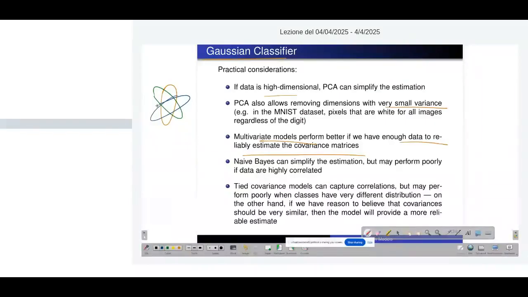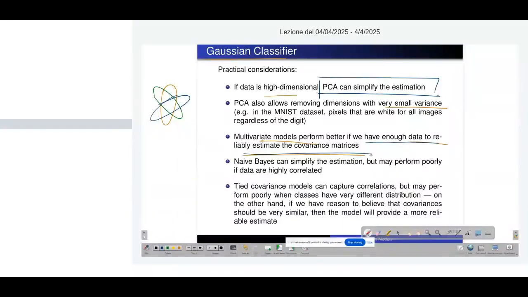So in this case, a simple thing that I can do is use PCA to reduce the dimensionality. This solves these two first problems. It removes directions with very small variance, which will also have very small within-class variance. So the class covariance matrix would be singular, but PCA removes directions where this is singular. And it also addresses the second problem if it's able to throw away directions that do not contain discriminant information.